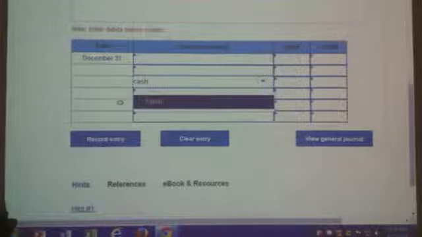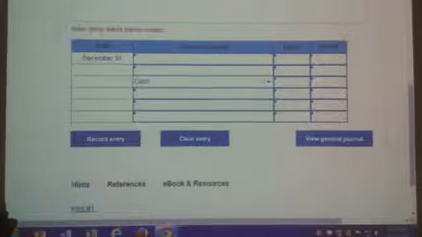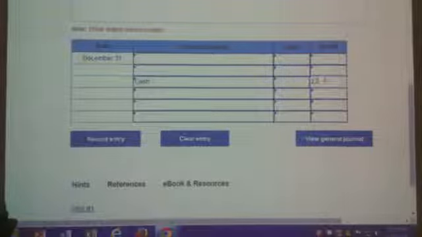I'm putting this last because we have to put our debits before credits, but I know that my cash will be paid as $27,500.